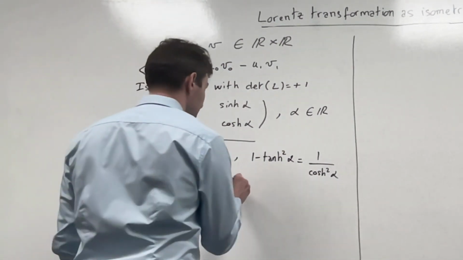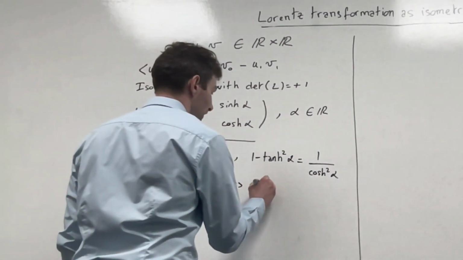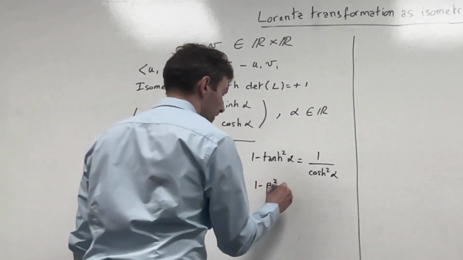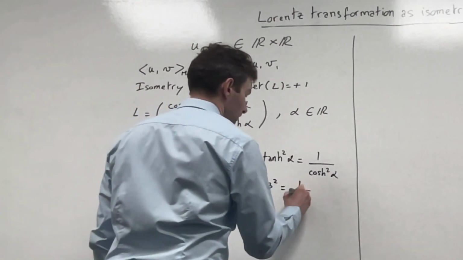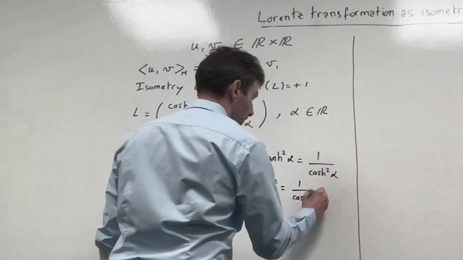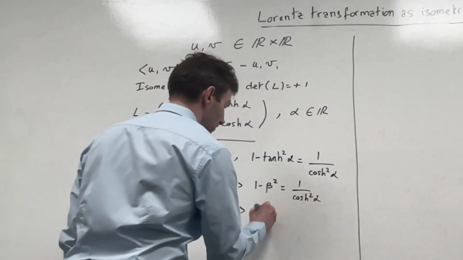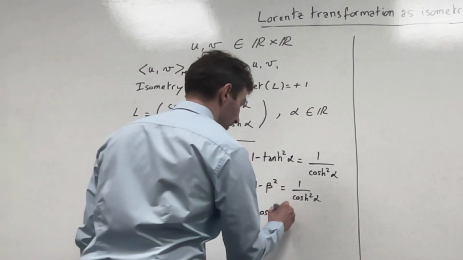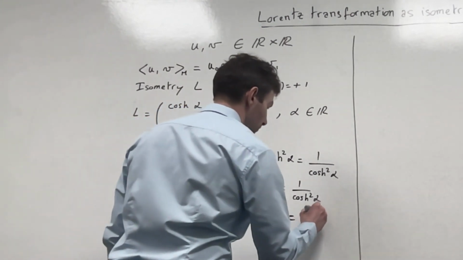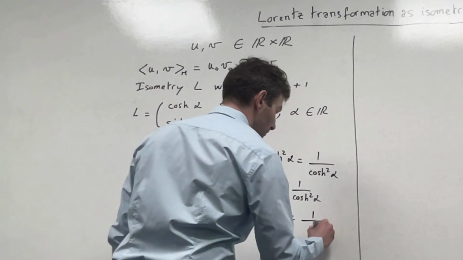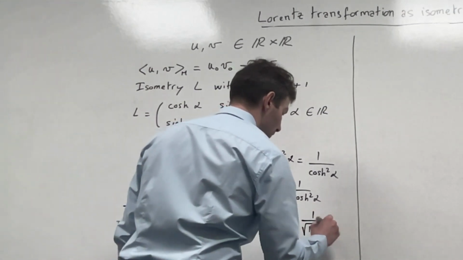And so what that means here is that 1 minus beta squared is equal to 1 over cosh squared alpha, and consequently this leads to cosh alpha equal to 1 divided by the square root of 1 minus beta squared.